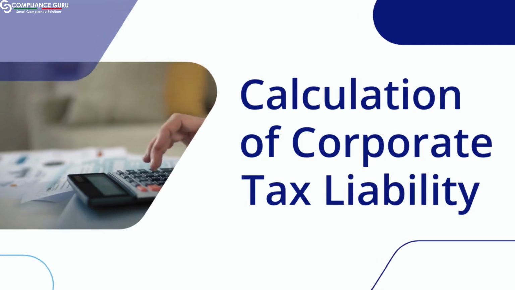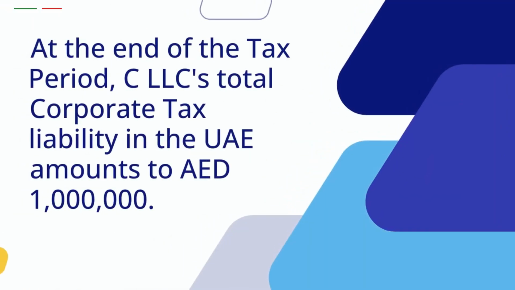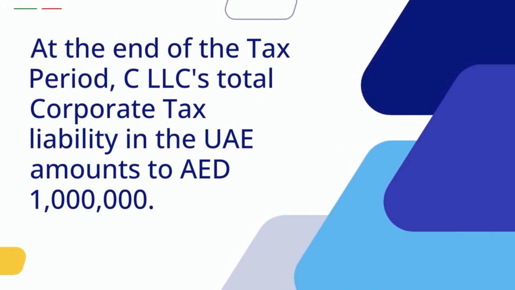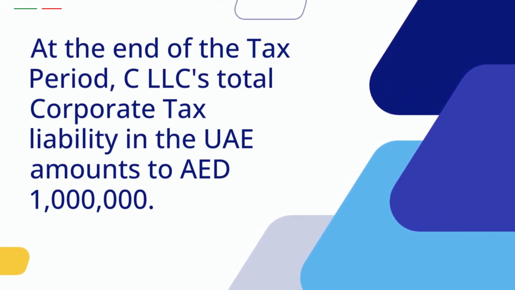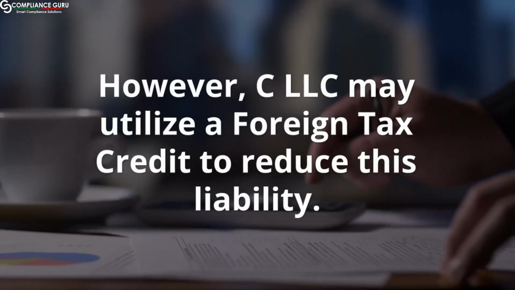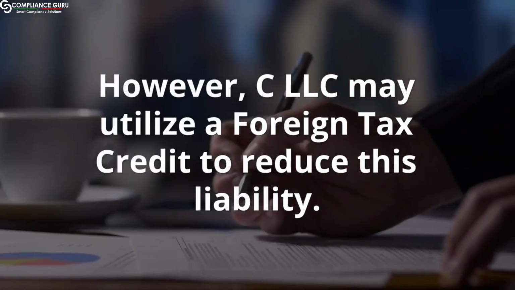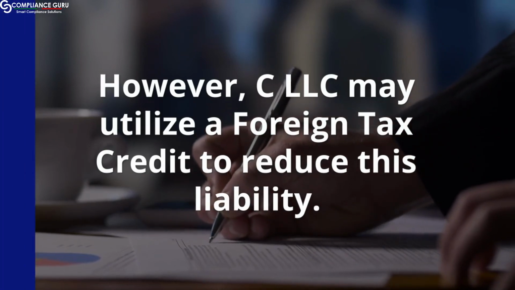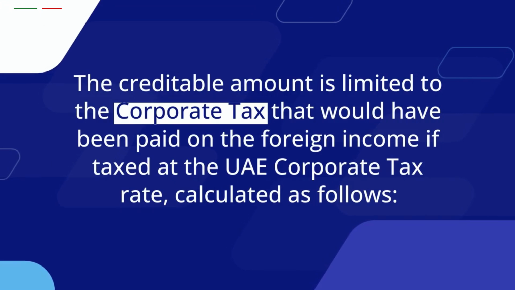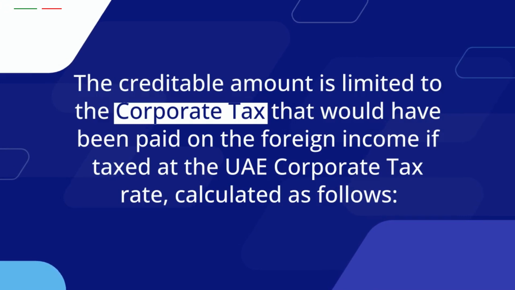Calculation of corporate tax liability. At the end of the tax period, CLLC's total corporate tax liability in the UAE amounts to AED 1 million. However, CLLC may utilize a foreign tax credit to reduce this liability. The creditable amount is limited to the corporate tax that would have been paid on the foreign income if taxed at the UAE corporate tax rate, calculated as follows.